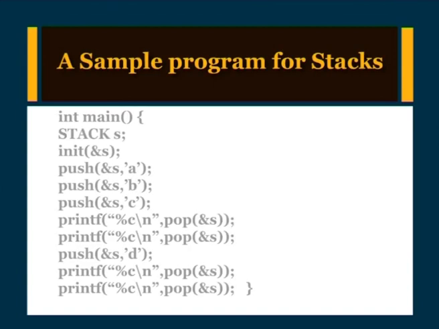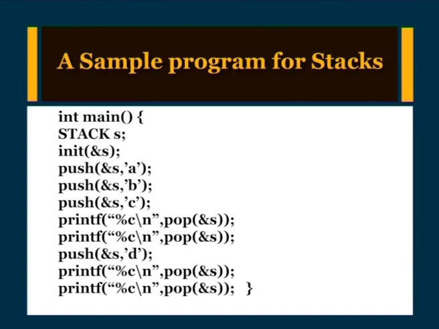This is a simple program to display the working of a stack by performing a series of push and pop operations. The program uses the structures and functions for the stack defined above. The state of stack after execution of every statement is also shown.